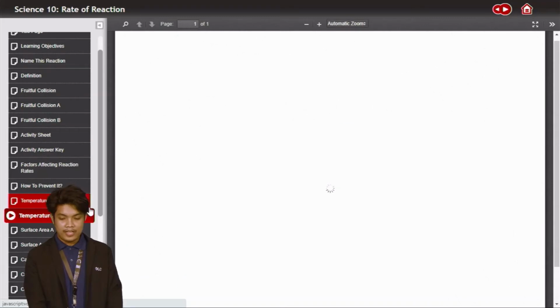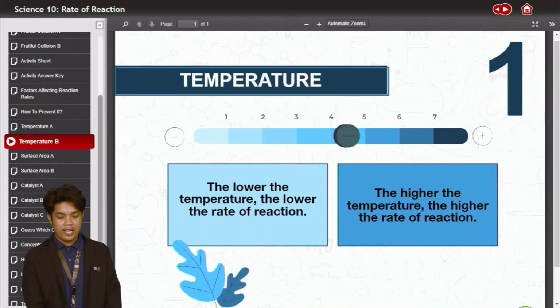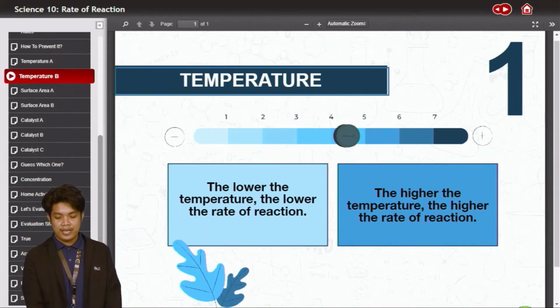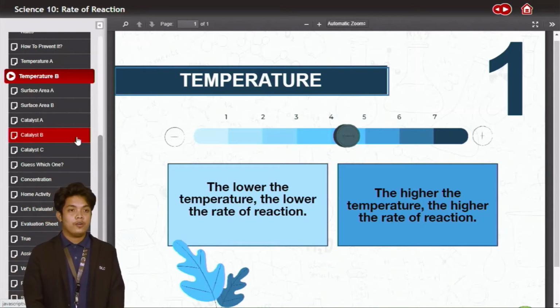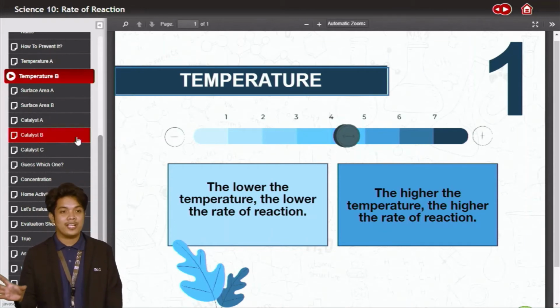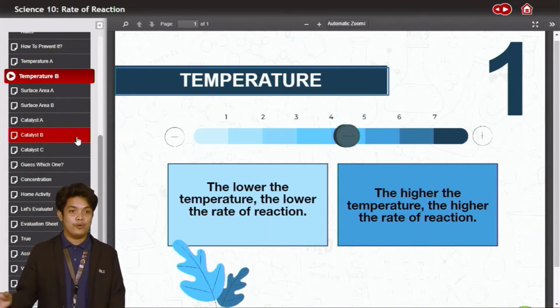So right now we found out that the lower the temperature, the lower the rate of reaction, and the higher the temperature, the higher the rate of reaction. That's why when we freeze a fruit or food, the spoilage is postponed or happens very slowly, because the molecules, the enzymes and the microorganisms move very slowly, and the decomposition happens very slowly.